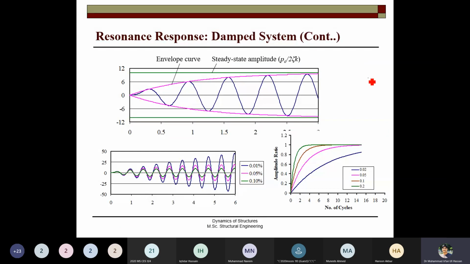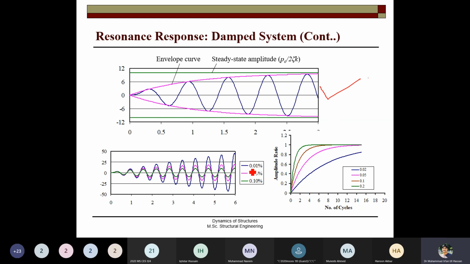So this is the curve that can be plotted for the resonance, for the steady state amplitude and envelope curve. At resonance, the structure will behave like that.